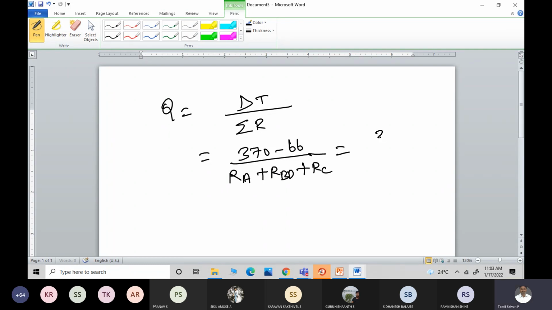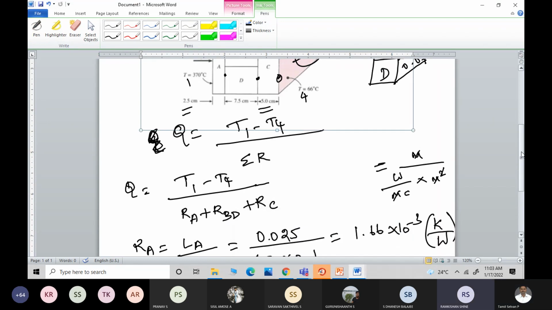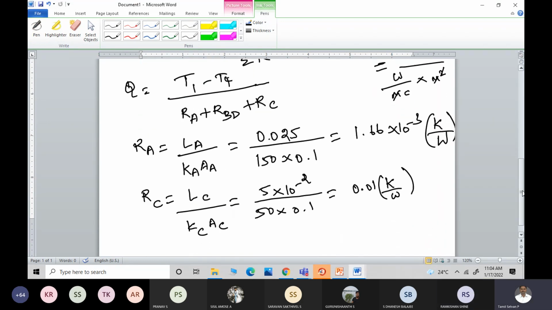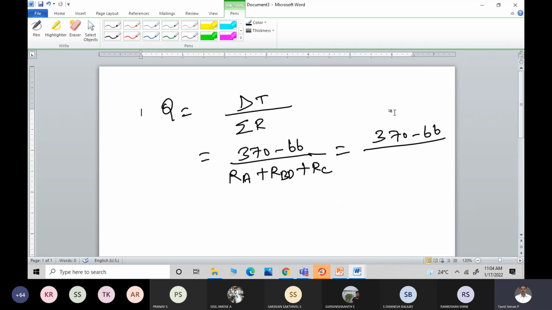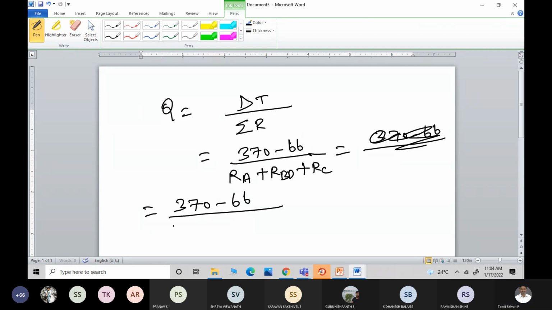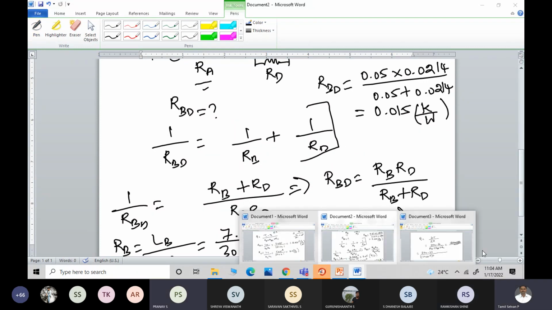So now substitute RA, RC and RBD. RA is 1.66 into 10 power minus 3. Let me rewrite it here. What is RBD we got in the previous slide? 0.015.